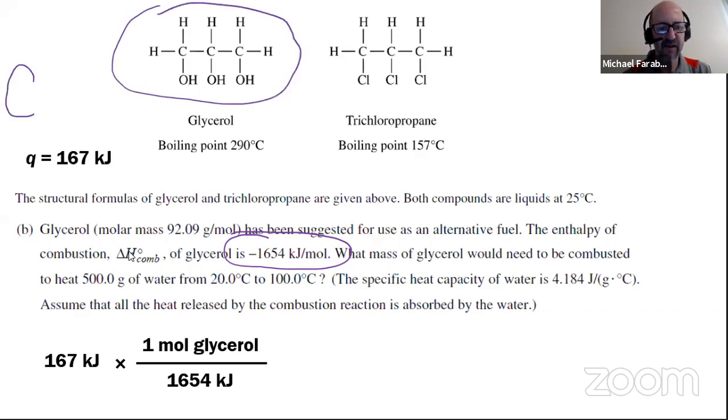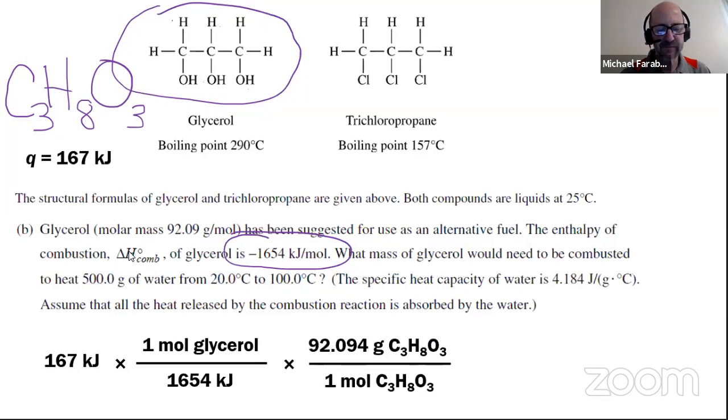So we have C3, and then 1, 2, 3, 4, 5, 6, 7, 8 hydrogens, and we have 3 oxygens. So go ahead and do that molar mass calculation. And now we're going to cancel off the units of kilojoules and moles, and we should get our answer. So it takes 9.30 grams of glycerol to be burned to raise the temperature of 500 grams of water from 20 degrees to 100 degrees.